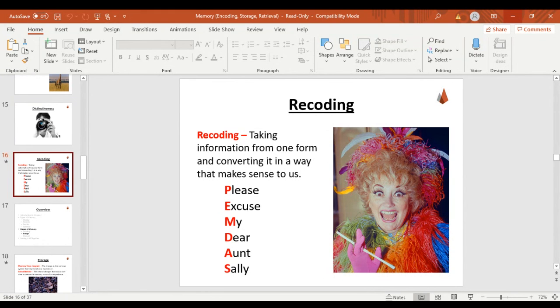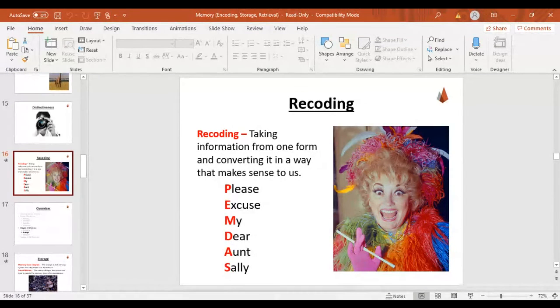So Please Excuse My Dear Aunt Sally is a way that we remember the order of operations in basic math. So being able to recode things to fit what you are going to remember.